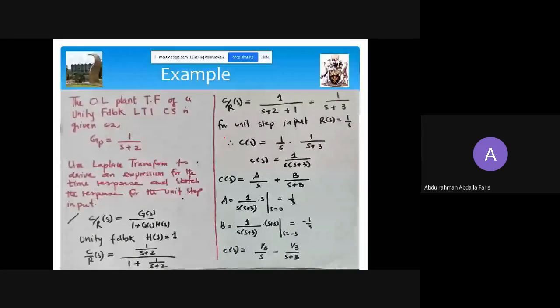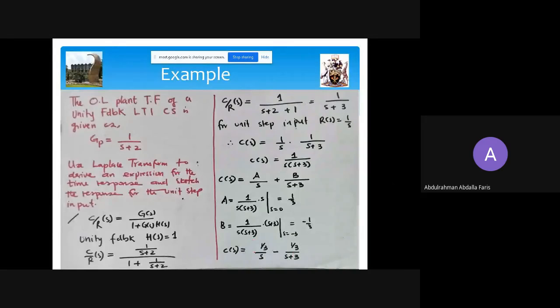Your input is a unit step, so you know R(s) is 1 over s. Applying partial fractions, you end up with C(s) equals 1 over 3s minus 1 over 3(s plus 3).